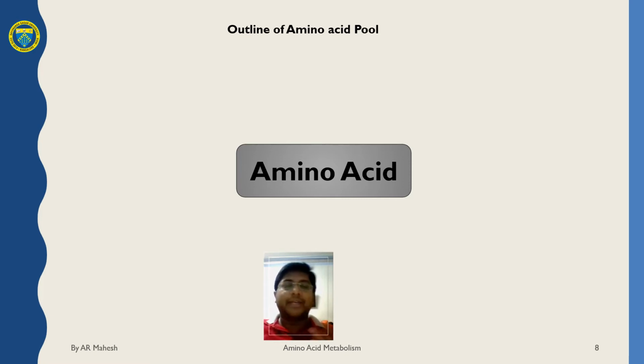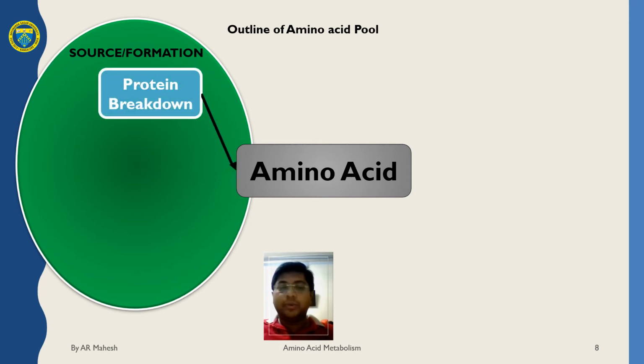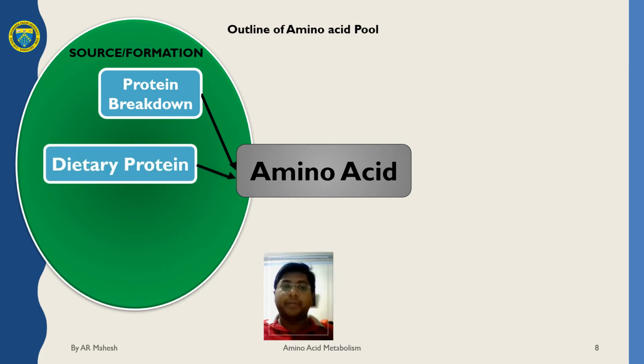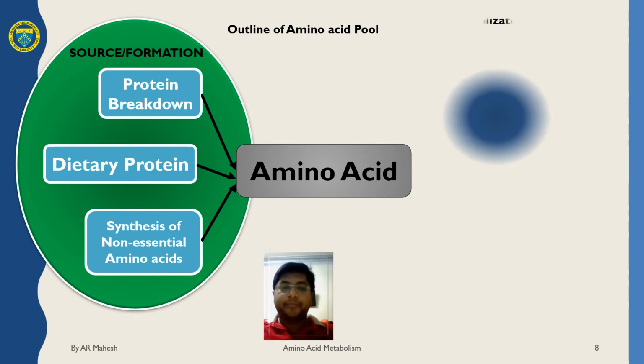Here the source or formation of amino acids takes place through protein breakdown, or the protein intake through diet, and synthesis of various non-essential amino acids from the essential amino acids. That means amino acids are also synthesized in the body in various ways.